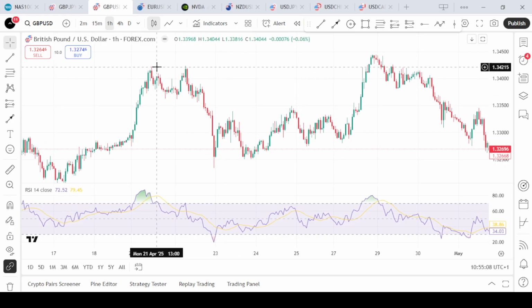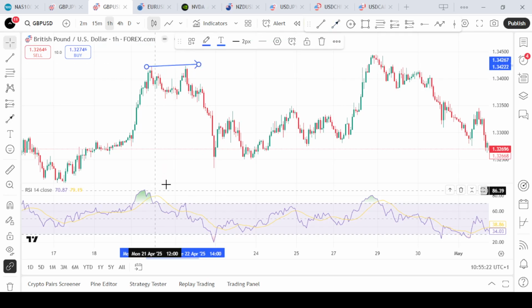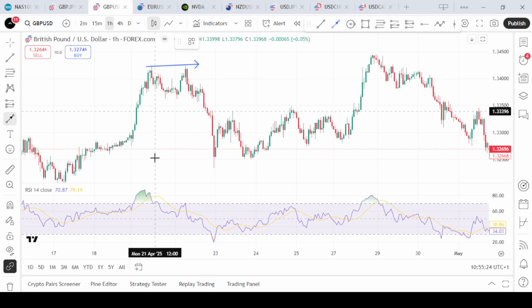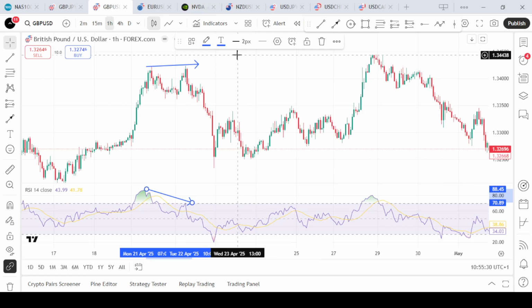As you can see in this area, if you look at this chart, this high is higher than this high. Price made a higher high at this area, but on the indicator we can see that the RSI made a lower high. This is a typical example of what we call divergence.